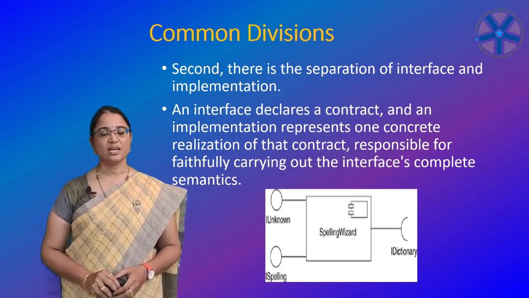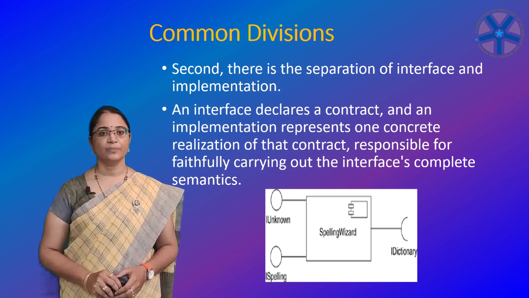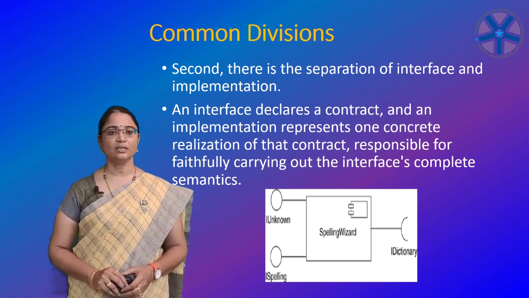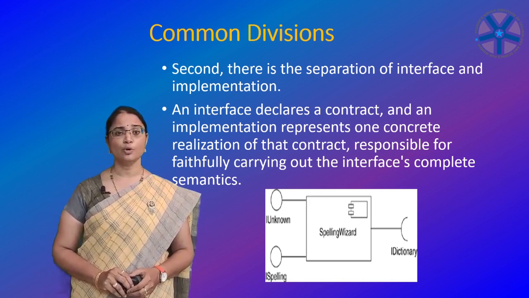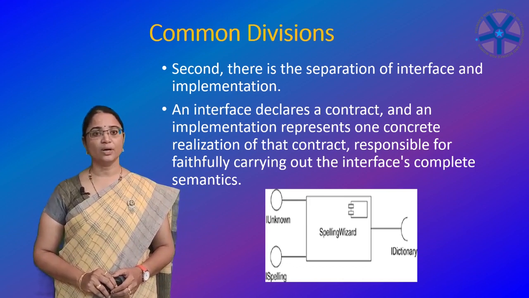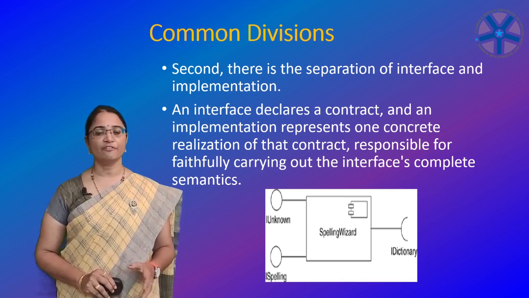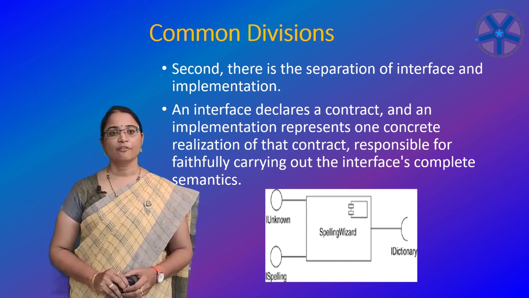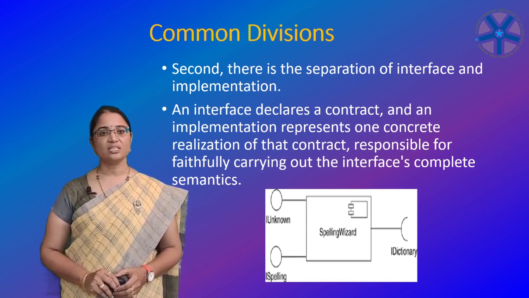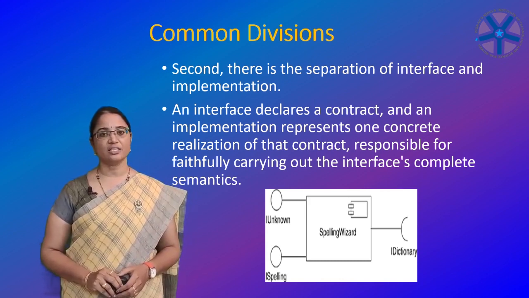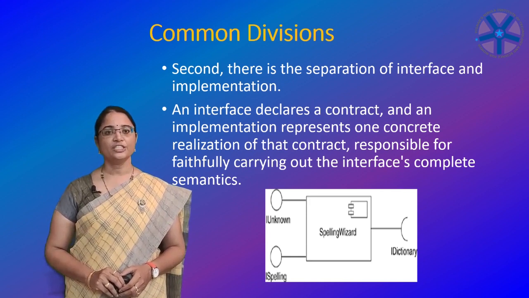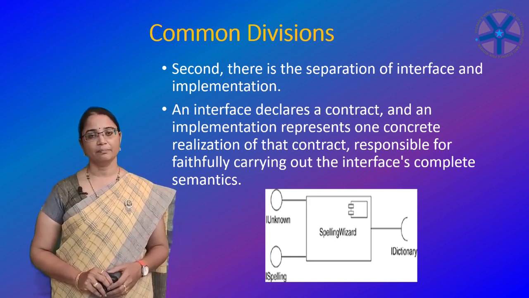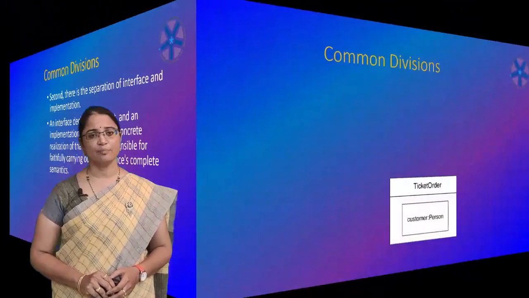This also requires an interface, I Dictionary, that must be provided by another component. Almost every building block in the UML has the same kind of interface implementation dichotomy. For example, you can have use cases and the collaborations that realize them, as well as operations and the methods that implement them. So this is regarding the second point.